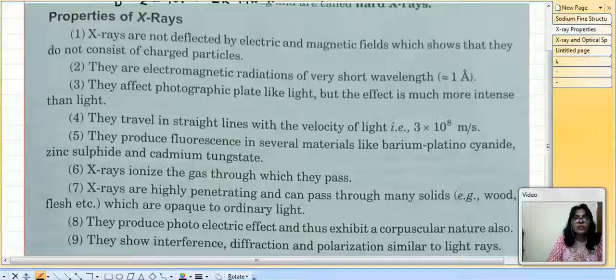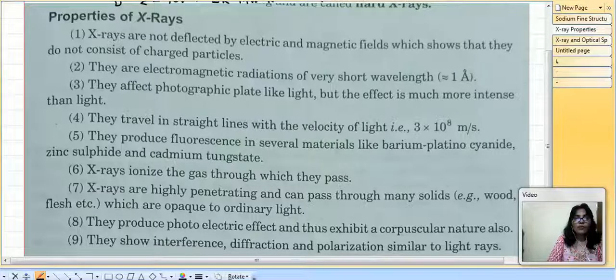X-rays are not deflected by electric and magnetic fields, which shows that they do not consist of charged particles. They are electromagnetic radiations of very short wavelength, 1 angstrom. Because the frequency is very large, the wavelength is small, and because of this, X-rays can be used for crystal structure determination. This you have already studied in your previous semester in crystallography.